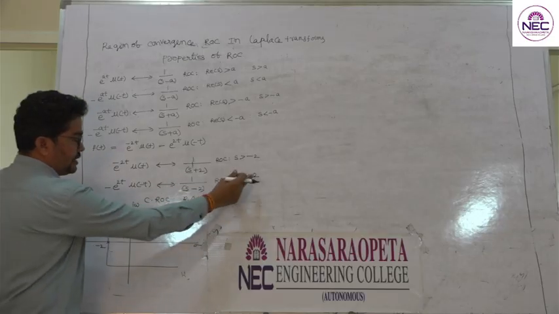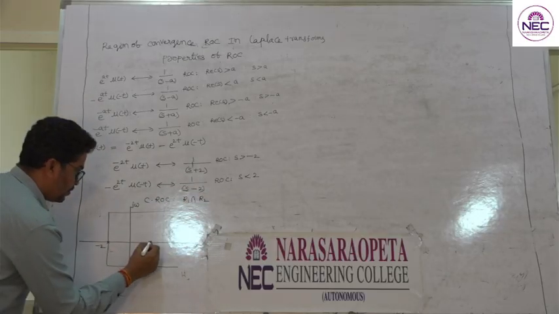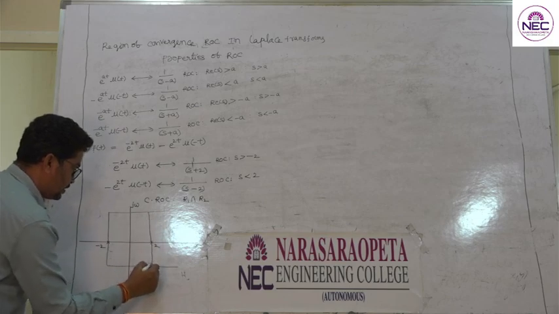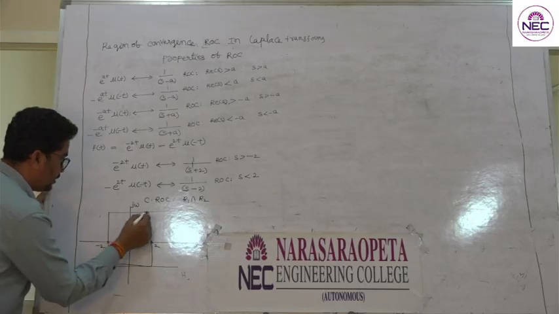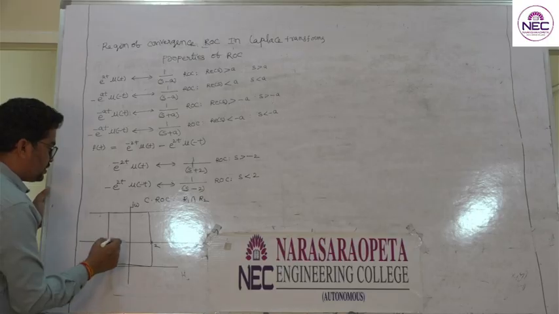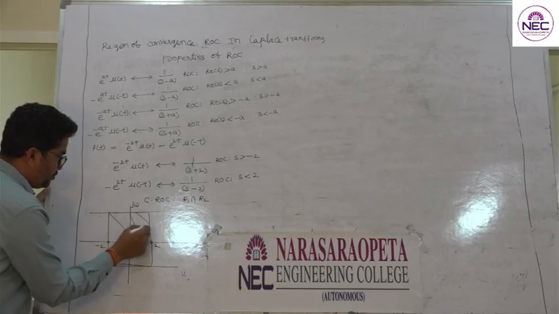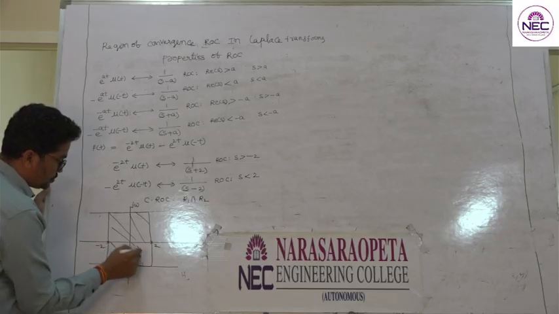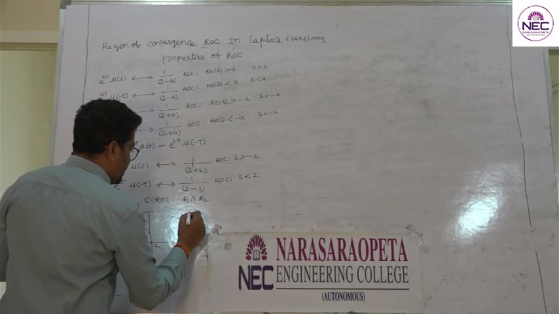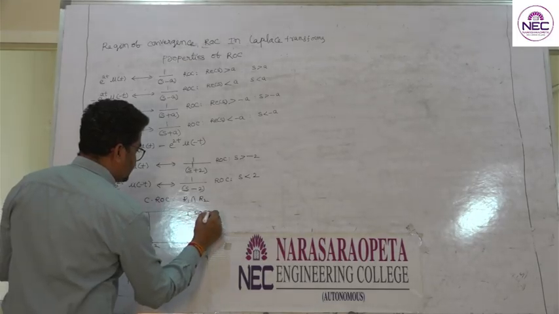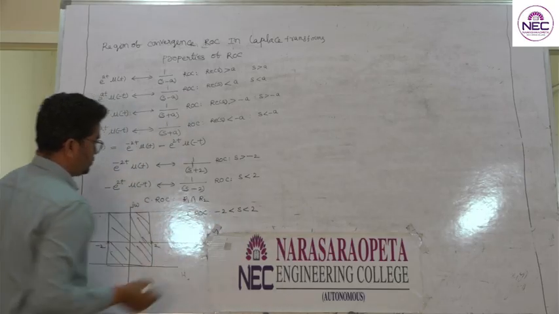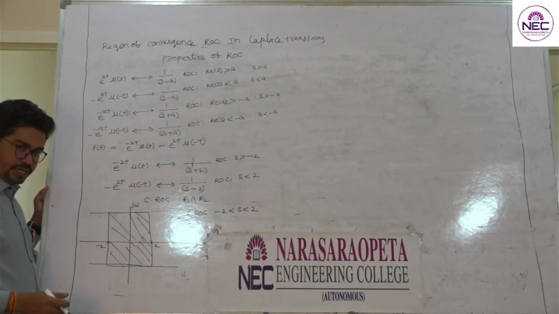Next ROC is s less than 2. For left side signal, left sided ROC s less than 2. Here the common ROC is in between minus 2 to plus 2, minus 2 less than s less than 2.